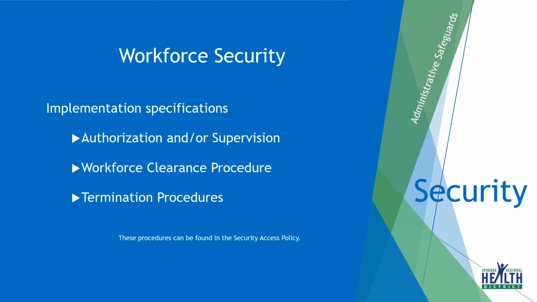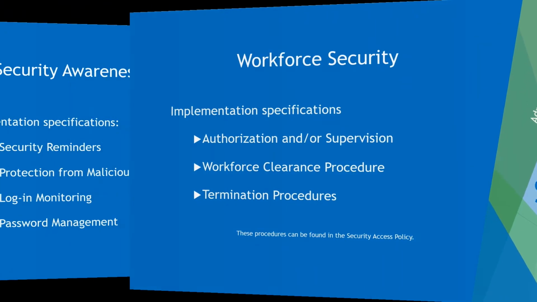Termination procedures are required for when an employee, volunteer, intern, or vendor who once had access no longer needs access. This could be due to termination of employment or a change in position. These procedures can be found in the Security Access Policy.